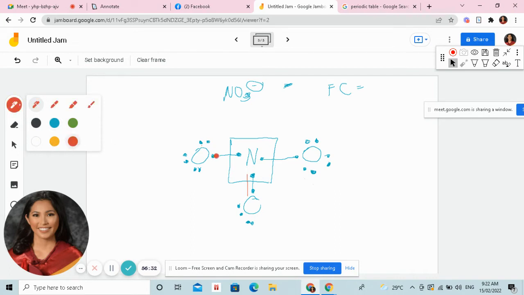We have 1 electron, 2, 3, and 4. Now nitrogen has how many valence electrons? 5. So 4 electrons here minus the valence electrons, that is equal to negative 1. That's why we have the negative 1 sign.